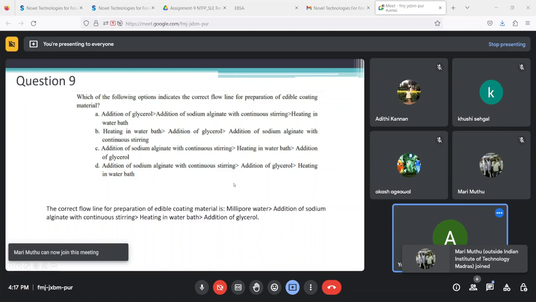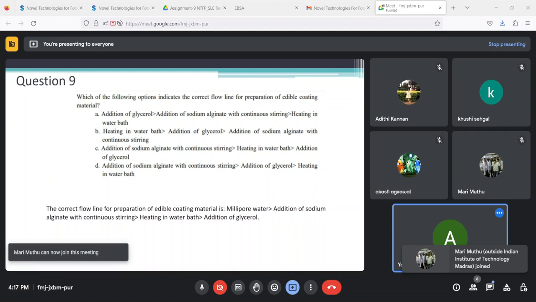Then you start heating it in a water bath and continuously stirring. It will turn into a transparent solution. First you will have some white powder dissolving. Once it dissolves in the presence of heat and stirring, you will get a transparent solution. To that transparent solution, you will add glycerol.